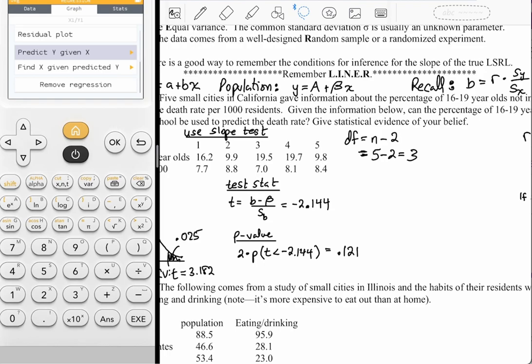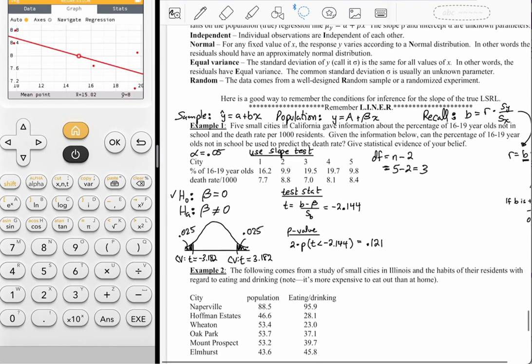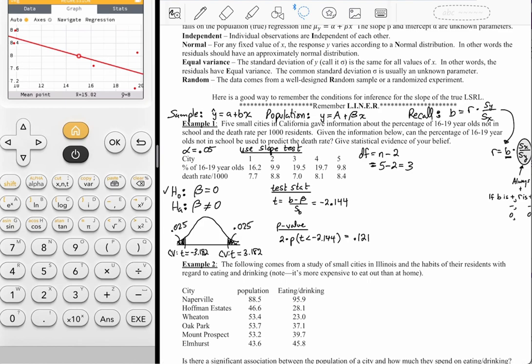So I'll write the conclusion in a little bit, but I wanted to take you through the confidence interval also. We'll do 95% confidence.